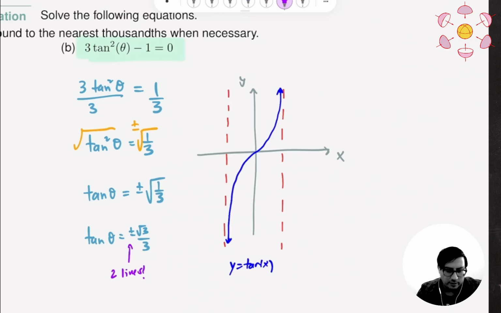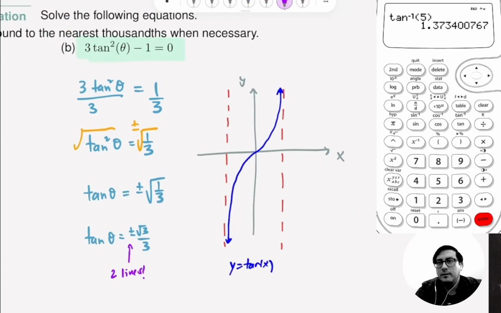So for one of them, I don't know what root 3 over 3 is. Let's check real quick. If you ever get a result that just gives you the exact answer, that's what this double arrow is for.